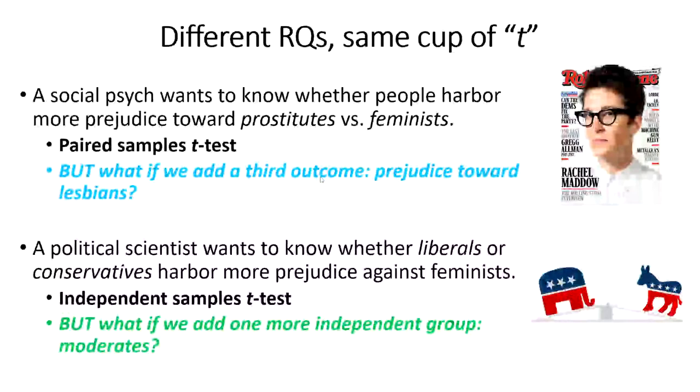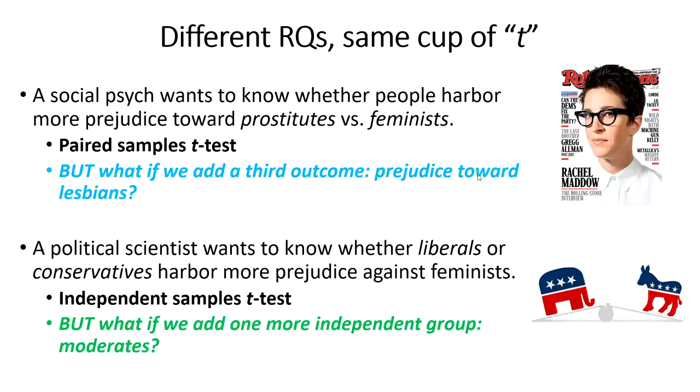So conceptually, again, we're not making a very big leap here from the t-test to ANOVA, right? We're adding a third outcome, prejudice towards lesbians. So we're comparing prejudice towards prostitutes, prejudice towards feminists, and prejudice towards lesbians all at the same time, right? But we can no longer conduct a paired sample t-test because now we have three different outcomes: prostitutes, feminists, lesbians.